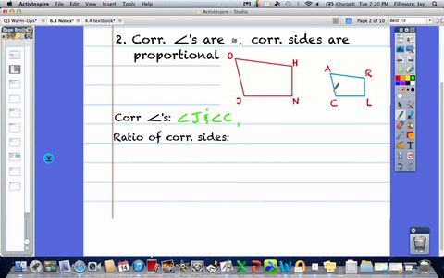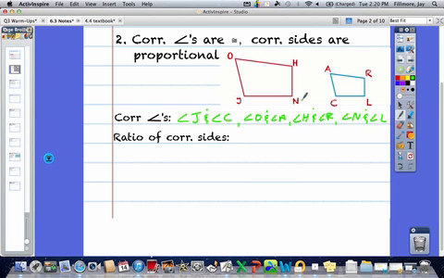They both have the same relative position. O and A are corresponding, so angle O and angle A. Angle H and angle R, angle N and angle L, the bottom right. So all of these are our corresponding angles. They're all congruent because these shapes are similar.